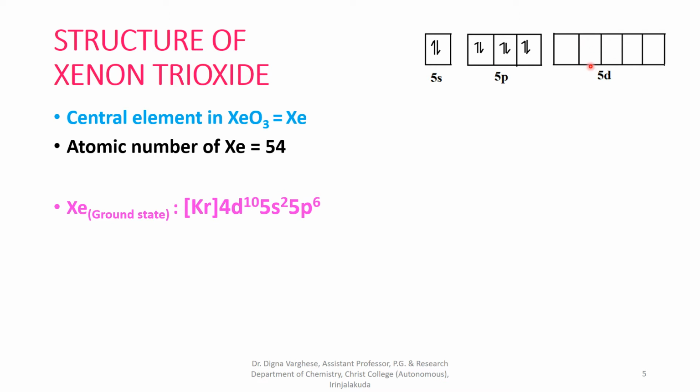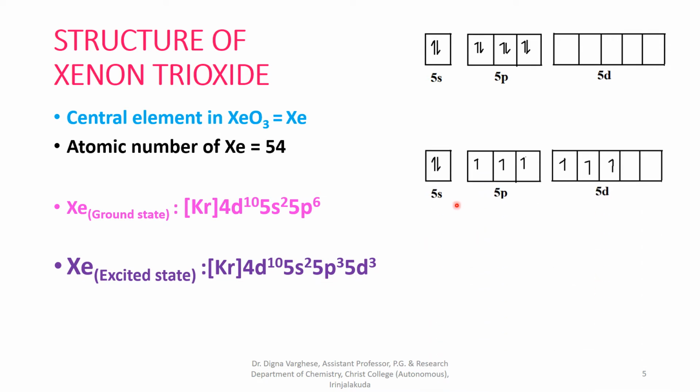Therefore, the excited state of xenon has electronic configuration krypton 4d10 5s2 5p3 5d3, that is, 5s2 5p3 5d3 is the excited outer electronic configuration of xenon.